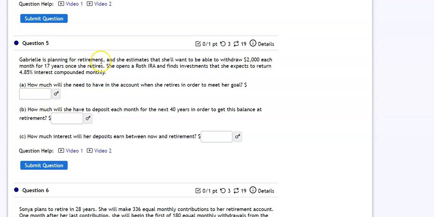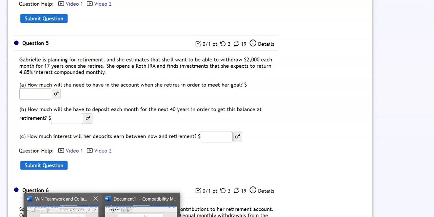So let's notice that she wants to be able to withdraw $2,000 every month for 17 years, and her interest rate is 4.85%. Now, when we think about withdrawing or pulling something out of an account, we want to think about the same formula we used for loans because we're pulling something out of an account.